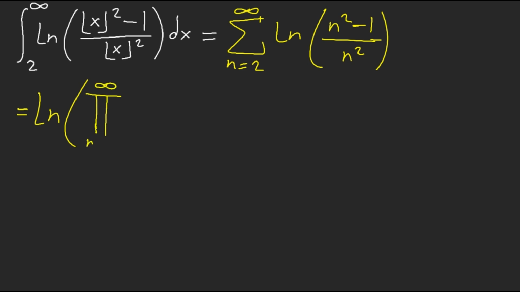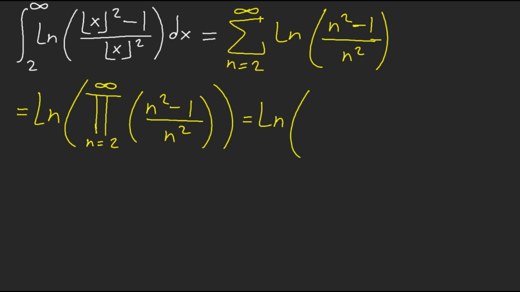So let me first start off with that. This is (n squared minus 1) over n squared. It's a pi product because it's ln. But where do we go from here? Go ahead and express it in each term, and this is going to help us see what is going on.